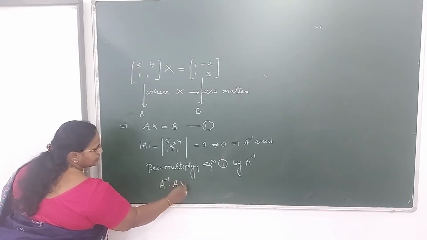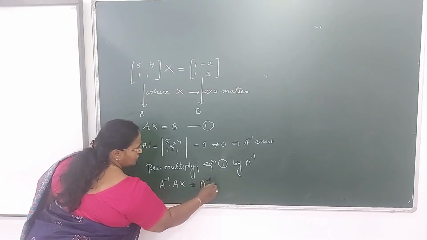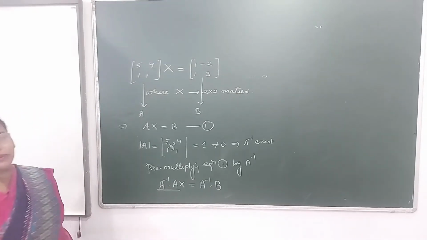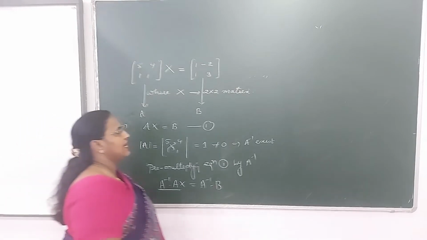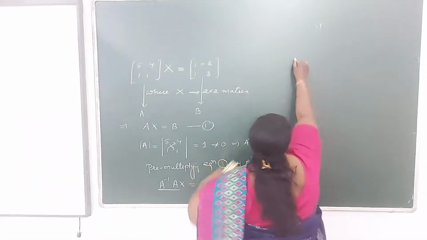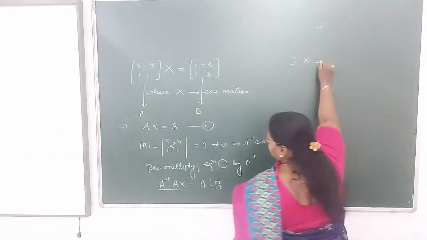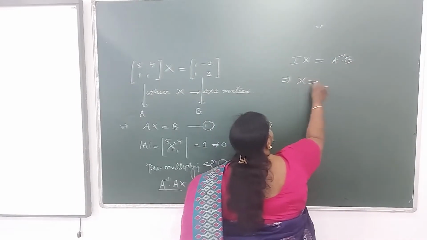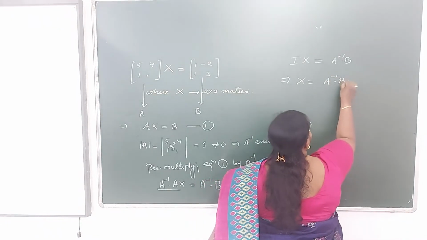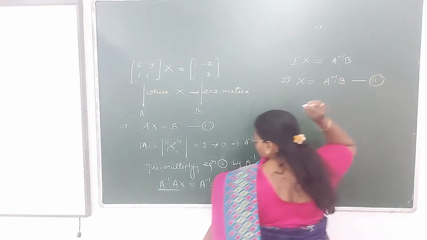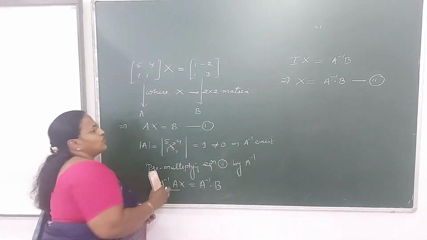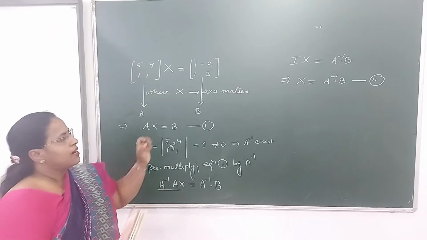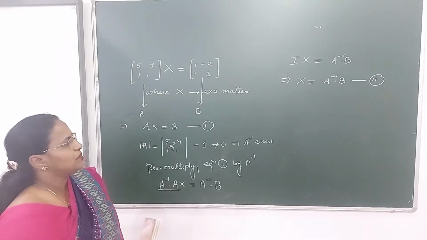A inverse A x is equal to A inverse into B. Apply the concept here: a matrix when multiplied to its inverse gives identity. So here you will get I into X is equal to A inverse into B, and finally you will get X as A inverse into B. Let it be equation 2. So the question was to find out matrix X, and we reach the conclusion that matrix X is equal to A inverse into B.